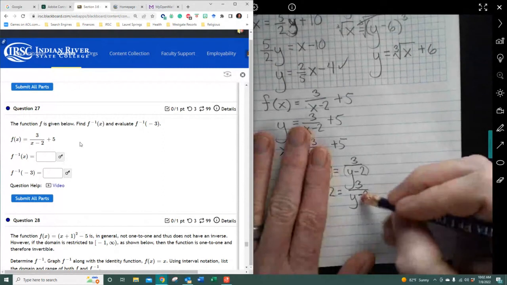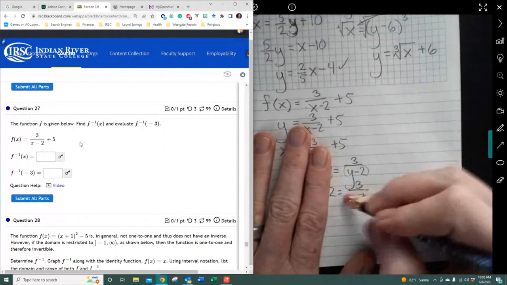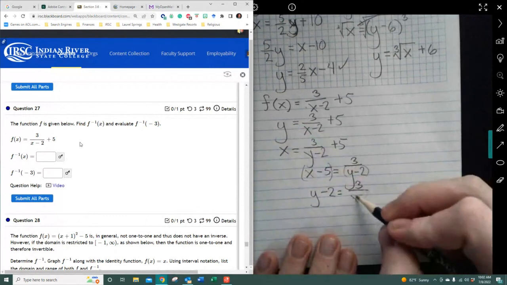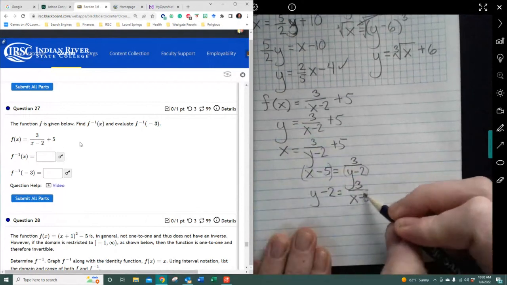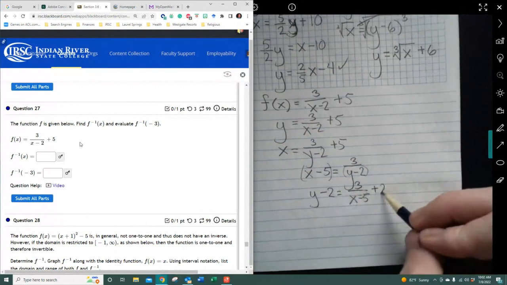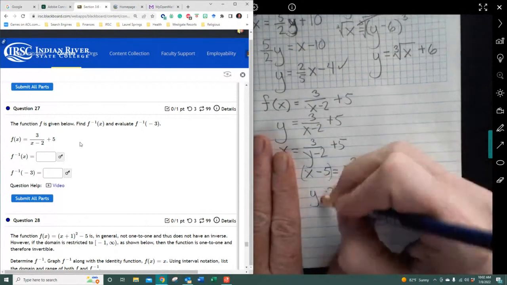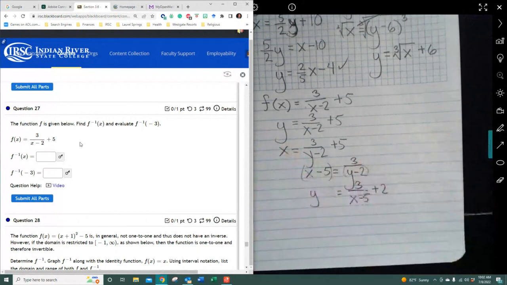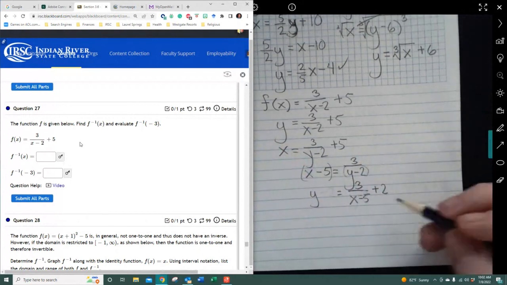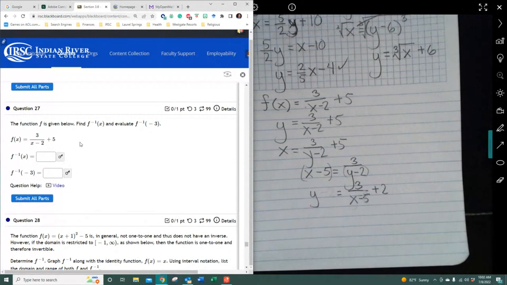I copied the wrong thing. I said I'm switching them, and then I'm copying this part. Nope, copy this. All right, now I switched them. Now all I've got to do is add 2 to both sides, and this goes away. So my answer could look like this. Also could look like some other version of it, but I'm going to put that as the answer.